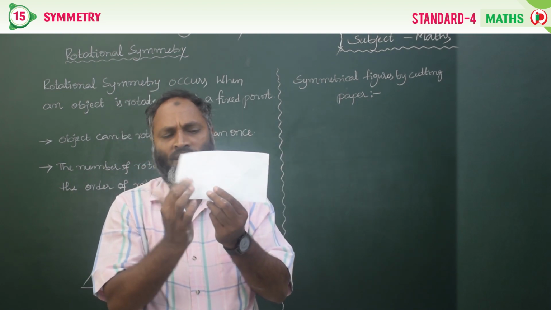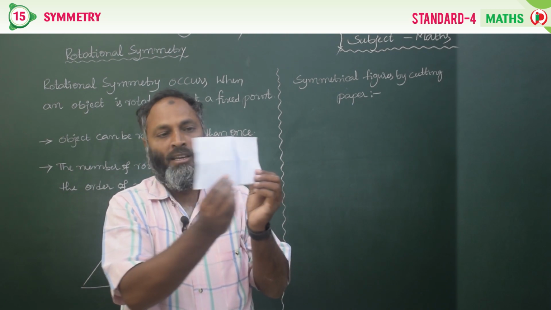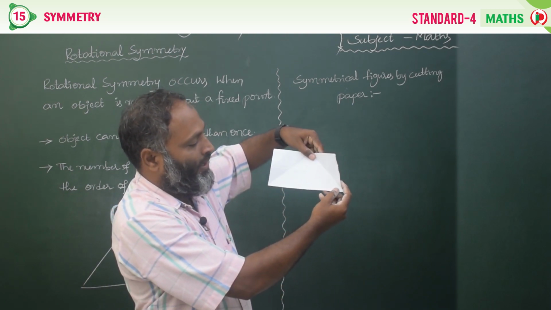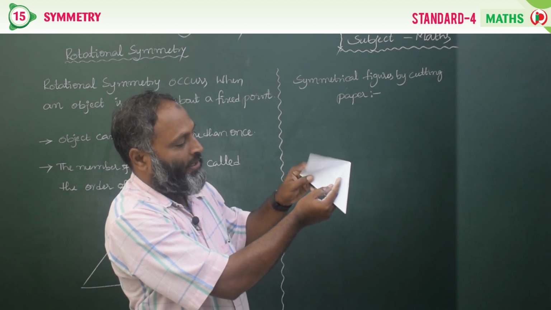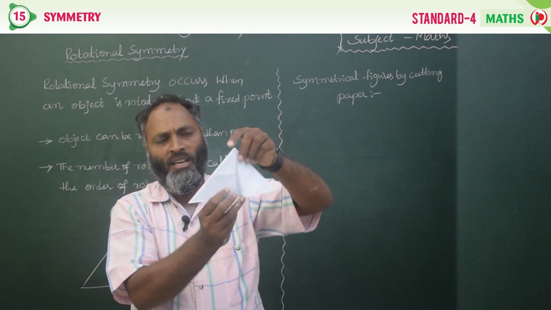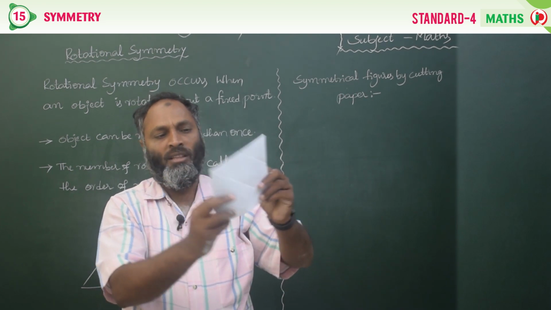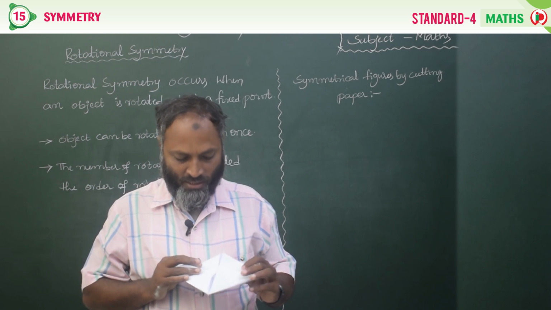One side you will get like this, another side like this. Again after that you fold like this here and like this here. Then you will form like this. Then open your sheet of paper, and you form like this.